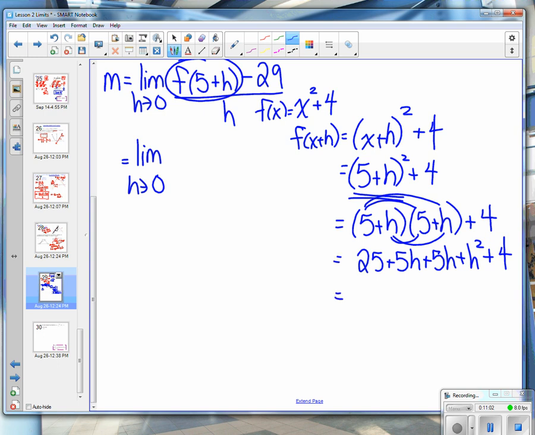Let's simplify that. So I've got h squared plus 10h, and then plus 29. So that's going to be our 5 plus h squared plus 4. I'm sorry, plus 4.